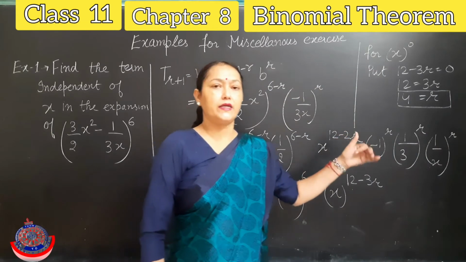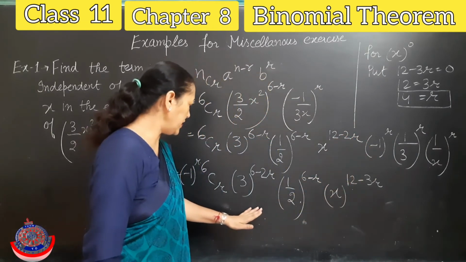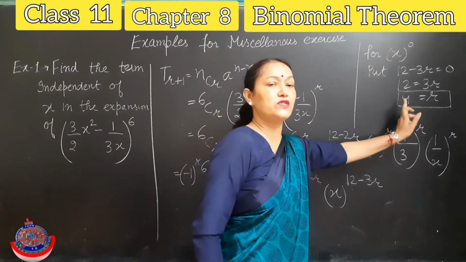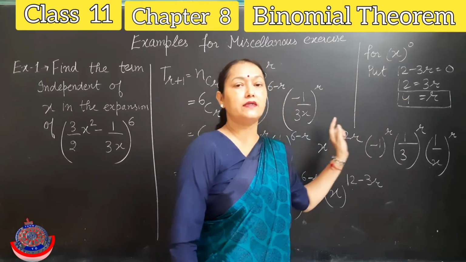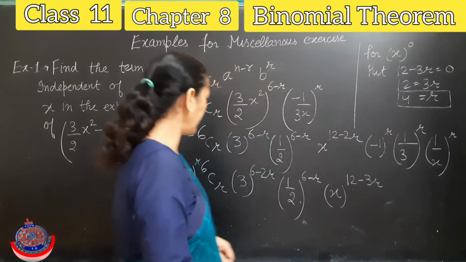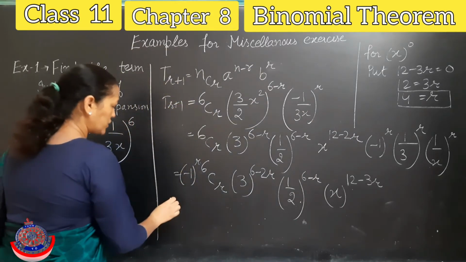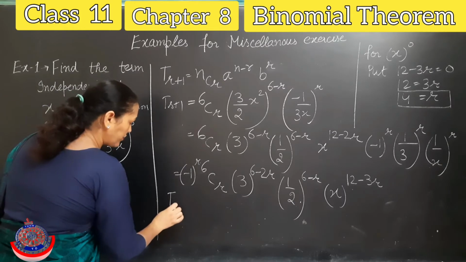It shows that in this expansion, in place of r, if we put the value 4, we will be getting a term without x. Let us check. Here we are doing r plus 1. So when we put r as 4, we are getting the fifth term.